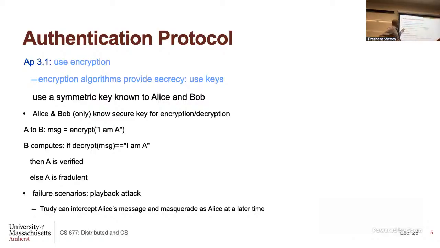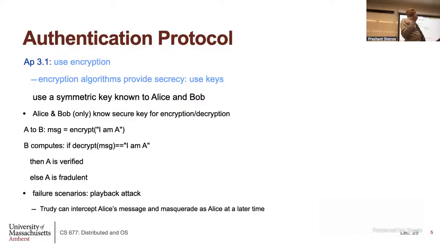So what Alice is going to do to authenticate herself is you'll basically take the username, which is I am Alice, and encrypt it using that encryption algorithm and the secret key. So that basically gets you, this is now the encrypted version of the message. You are going to send it over the network.